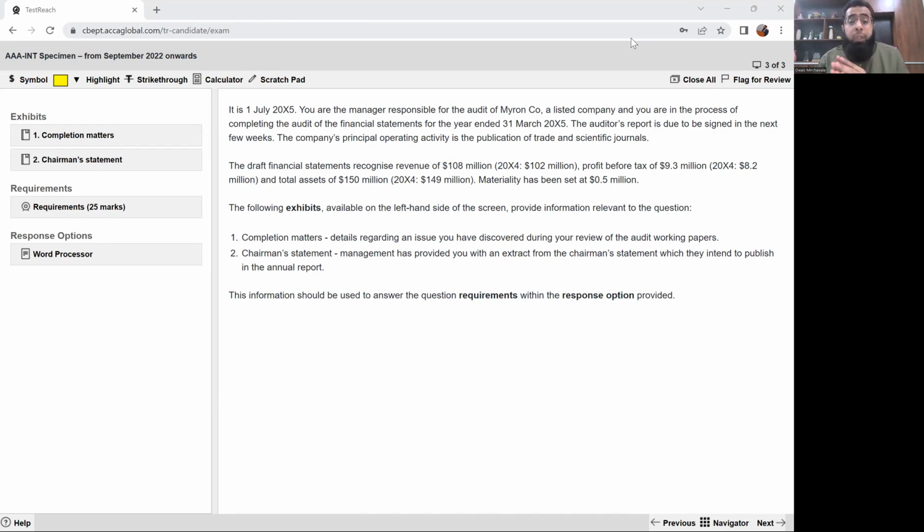Today we are moving towards question number 3, which is a 25 marks question. In this question, 20 marks relate to auditing knowledge and 5 marks relate to professional skills.